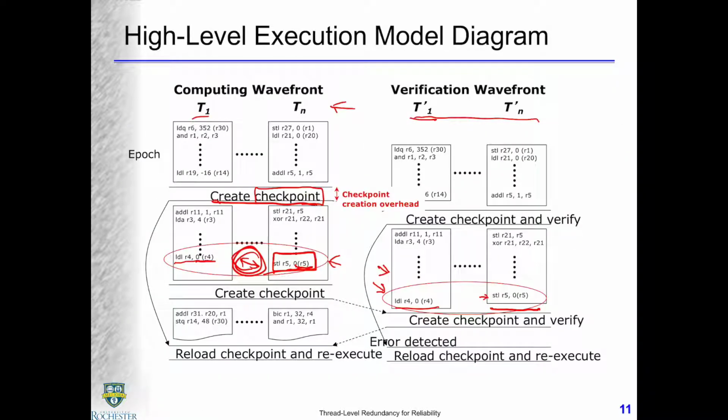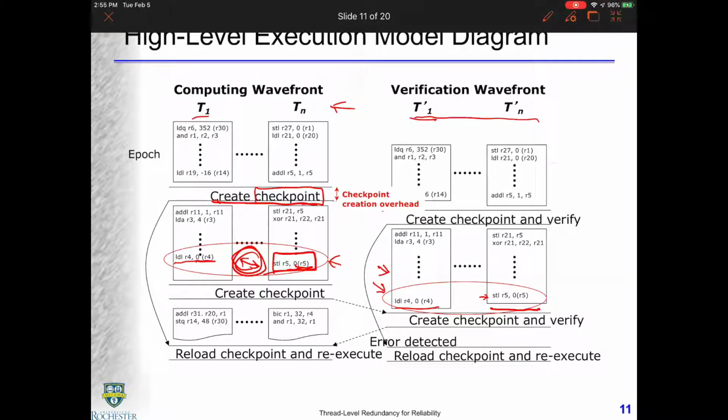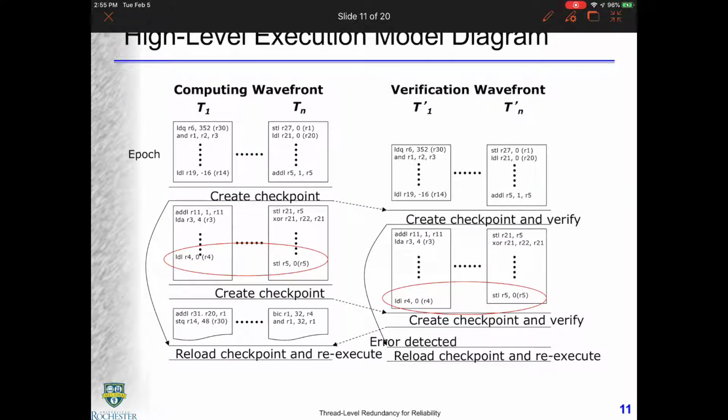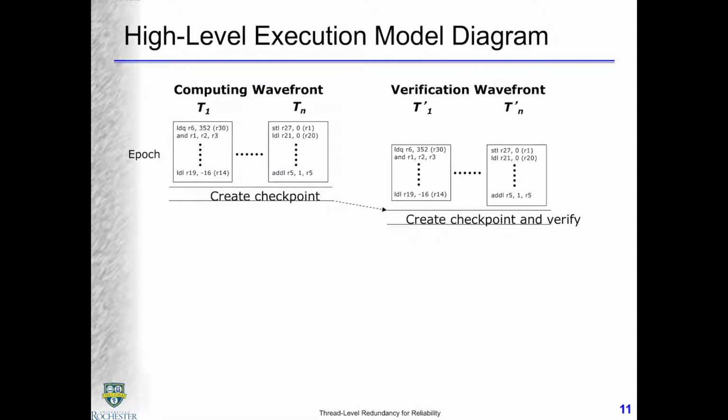So thread 1 might have produced 4 stores in this epoch, and then it would be something like that with address and data, and this would be part of your checkpoint, and you will send this to the counterpart T1 prime and compare.